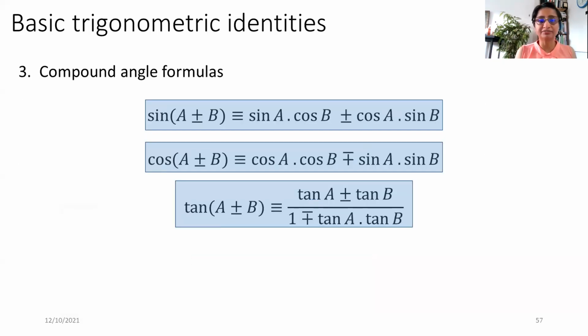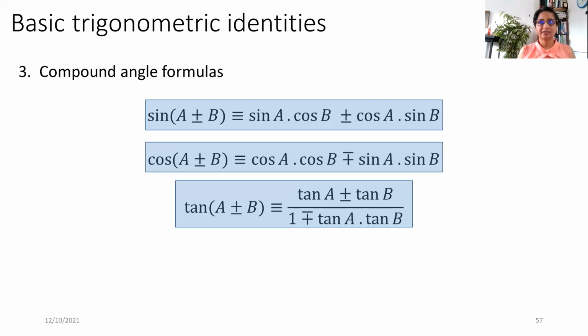You saw the compound angle formulas. Now here they are called formulas, but they are identities. They are also identities. Okay. So they are called compound angles because you are given here how to write sine, cos, and tan of a sum of angles, a plus b, or a difference between 2 angles, a minus b.